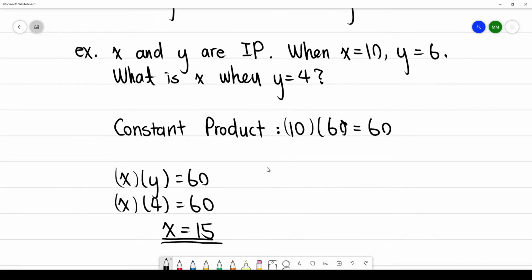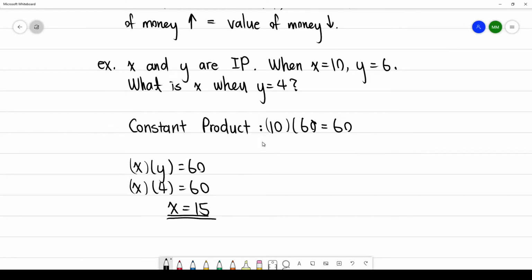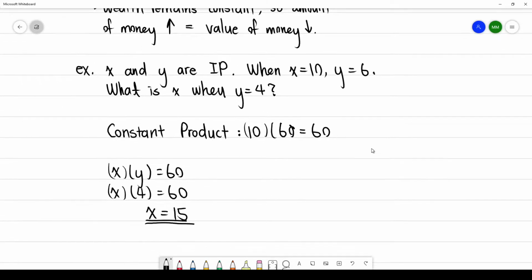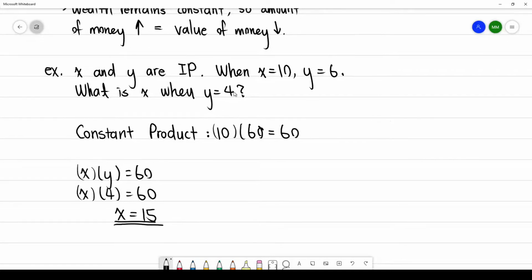So with proportion, we don't like to add and subtract. The reason is that when we multiply and divide, we can say it is 2 times the value or half the value. So for example, let's say y is equal to 3, right?